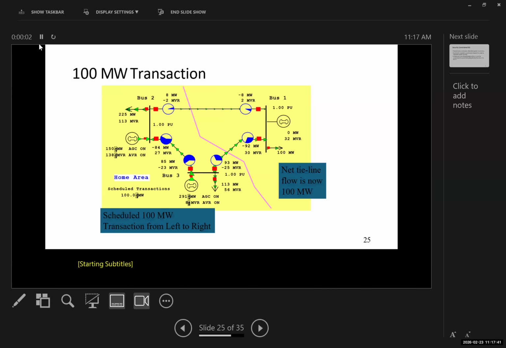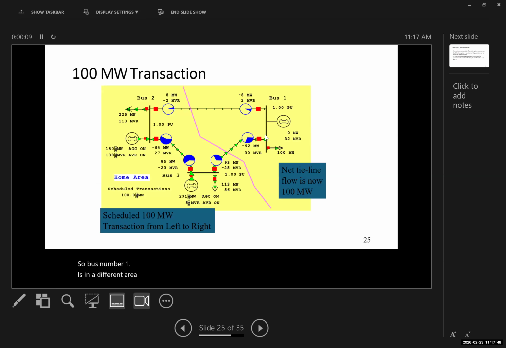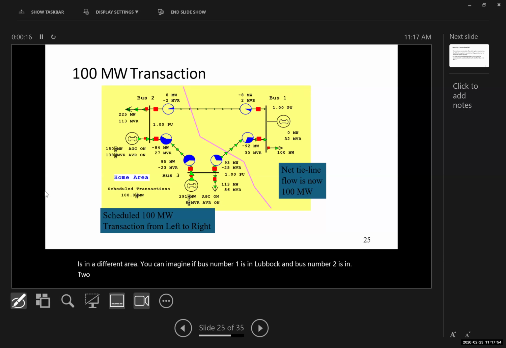So yeah, bus number 1 is in a different area. You can imagine if bus number 1 is in Lubbock and bus number 2 and 3 are in Amarillo.